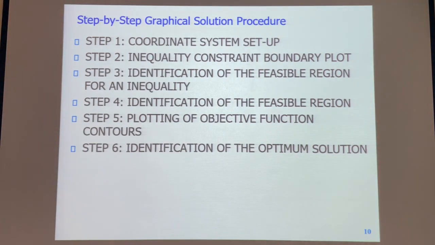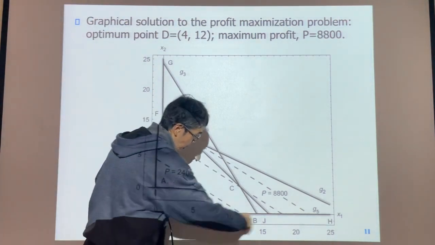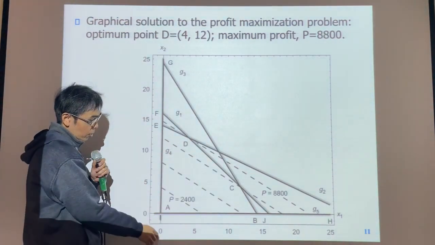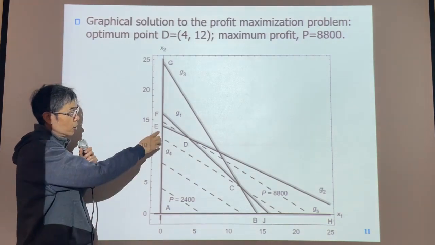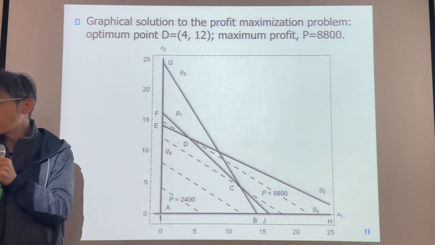Then let me show you how to do this problem. First we plot the coordinates x1 and x2. x1 is machine A, x2 is machine B. Then we plot those inequality constraints.